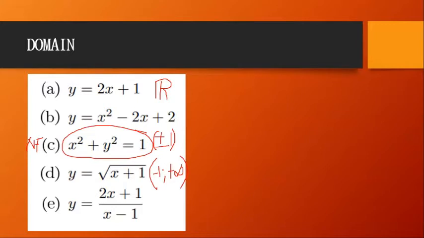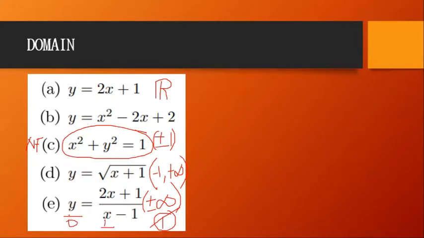For letter E, this is a fraction type. So we can use all positive and negative numbers up to positive or negative infinity except positive 1. We cannot use positive 1 because it will result to an undefined number. Okay, let's say x is 1. 1 minus 1, that is 0.